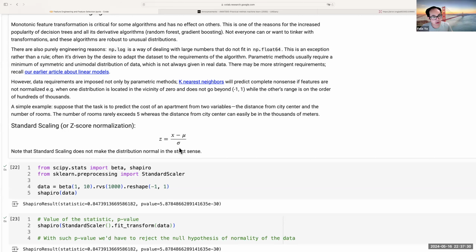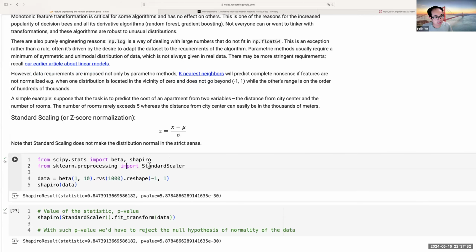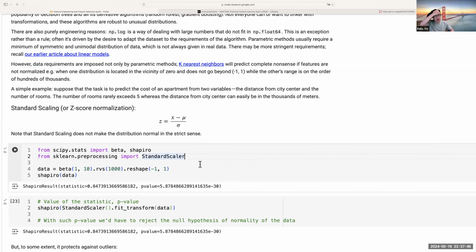Okay, so let's see something here. This is usually processed with something called standard scaler, which subtracts the mean and divides by the standard deviation. Right here, I'm doing a Shapiro test, to test whether this data is actually sampled from a Gaussian distribution or not.